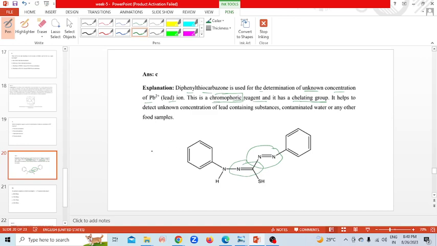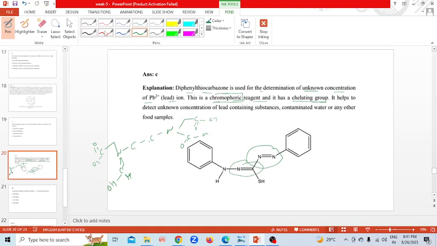How can we understand this? Suppose we discussed EDTA in last class, how EDTA can hold. So this is the structure of EDTA.